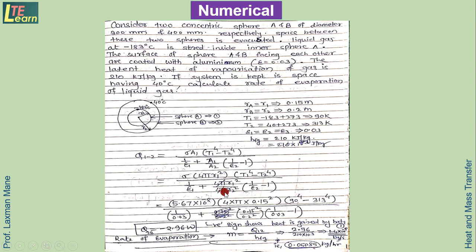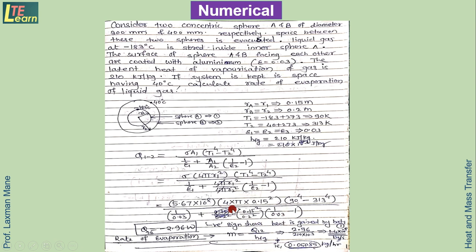The remaining terms are sigma, the Stefan Boltzmann constant, into 4 pi r1 square, into bracket T1 and T2 in Kelvin, each raised to power 4, divided by 1 upon epsilon 1 plus r1 square by r2 square into bracket 1 upon epsilon 2 minus 1.